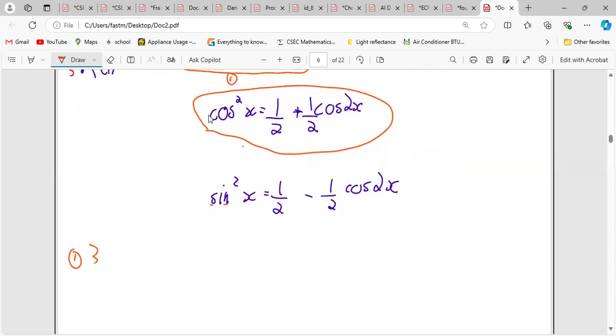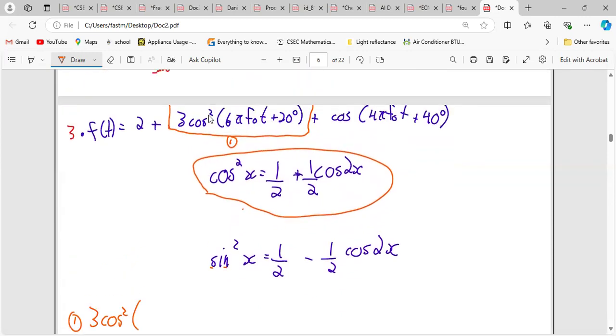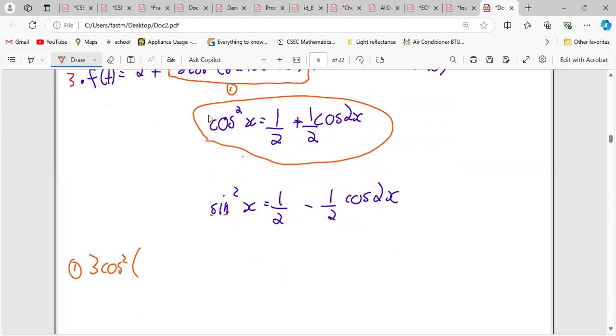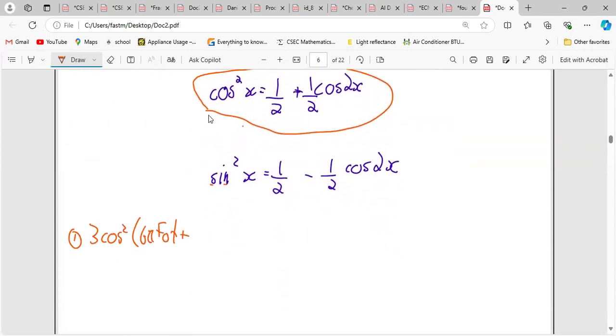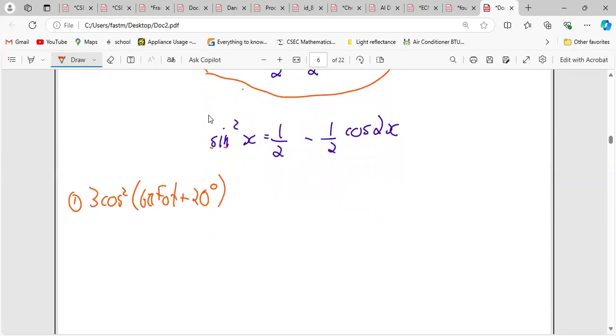So I have 3 cos squared of 6 pi f naught t plus 20 degrees. Okay, so I go through this. You want to get it in terms of cos 2x.